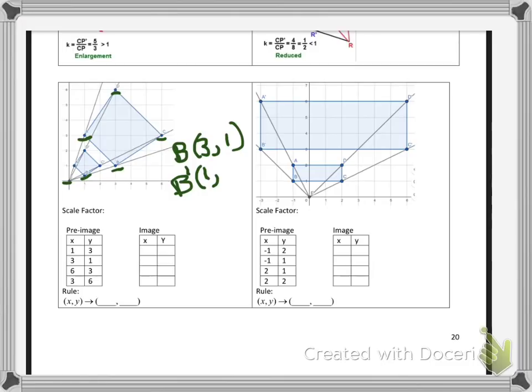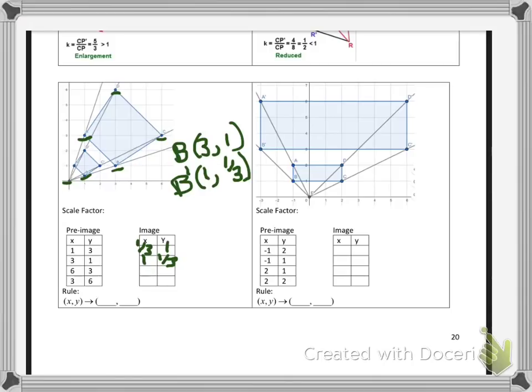I'm going 1/3 as far away from the point of dilation as I did originally, which means even though I can't read off the graph exactly what the Y value of B prime is, I know logically it has to be 1/3. A prime is going to be just the opposite. It's going to be 1/3, 1.